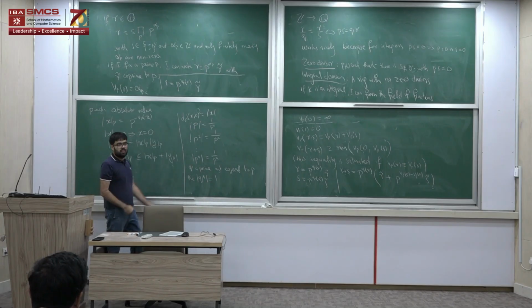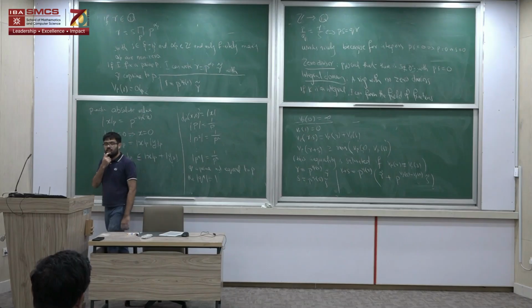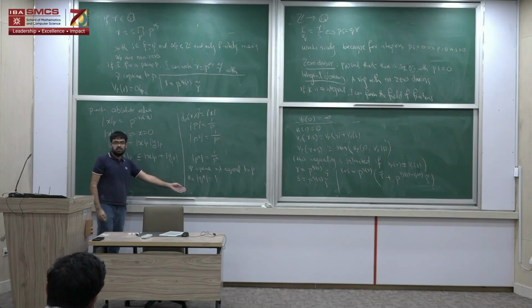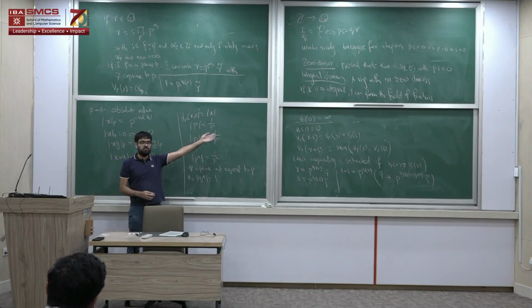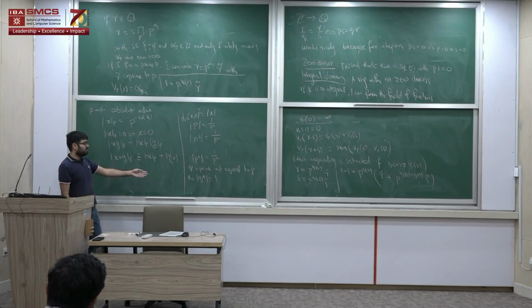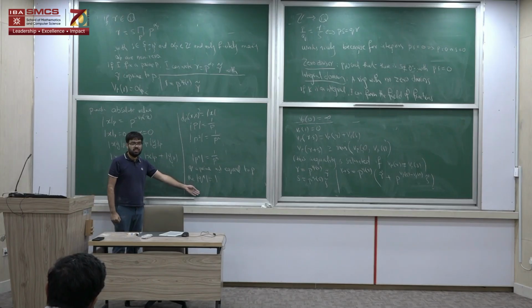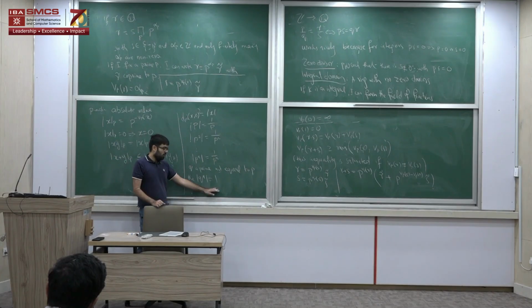It has no power of p. So, all of these are at the same distance from 0. Normally the circle is all the points which are at the same distance from 0, so let us say the circle centered around 0.